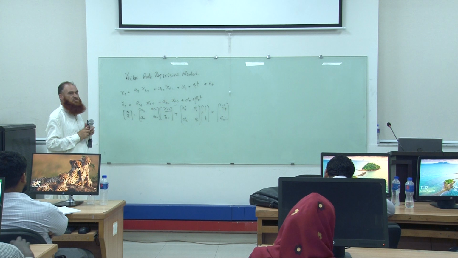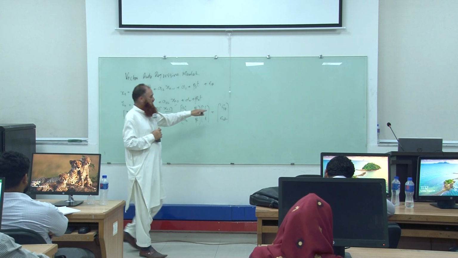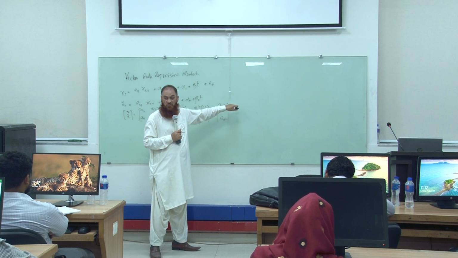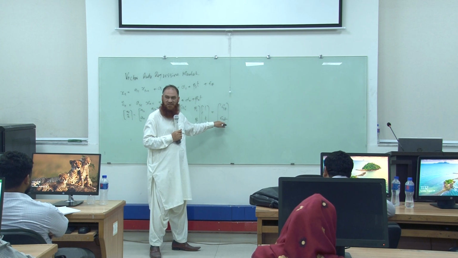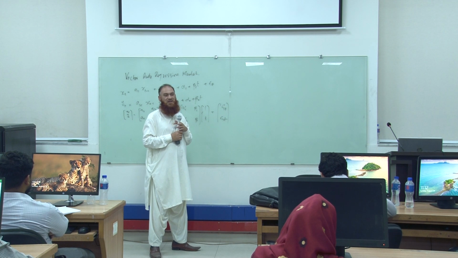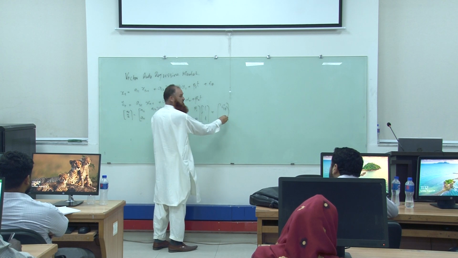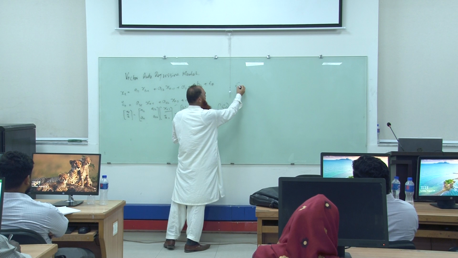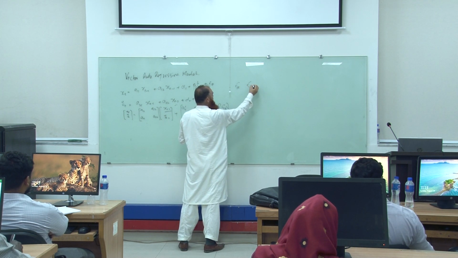As I have said to you, the assumption of this model is epsilon 1t has no serial correlation. This is not correlated to its own past. And similarly, epsilon 2t is also not serially correlated. This is not linked with its own past values. But there is possibility of correlation between this and this. Suppose this is epsilon 1t and epsilon 1t minus 1.